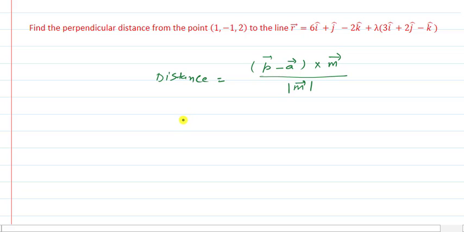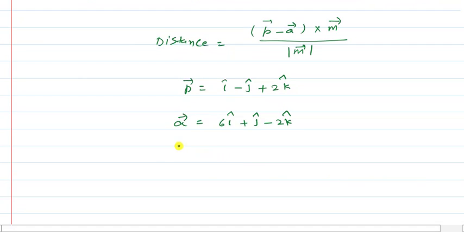So I hope you know very well what p vector is. p vector is the position vector of the given point, that is, we have i - j + 2k. Vector a is the position vector of the passing point of the line, which is this one, so this is 6i + j - 2k.